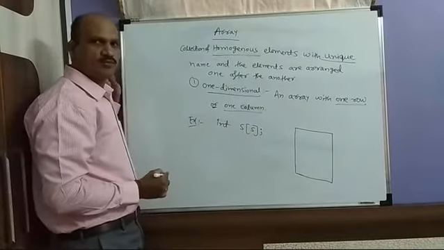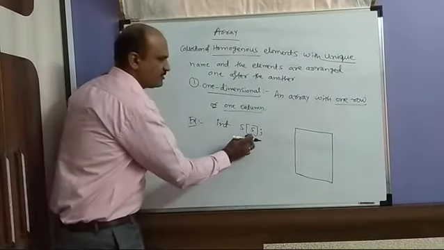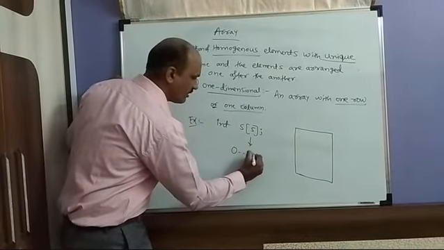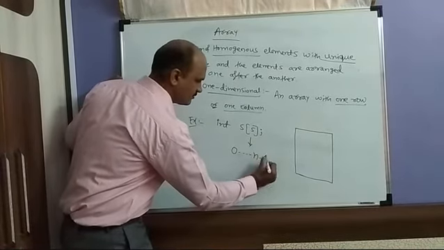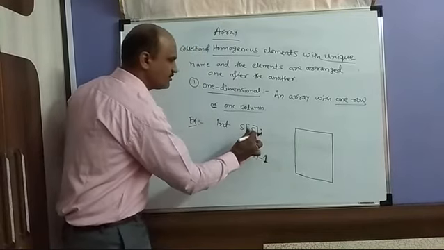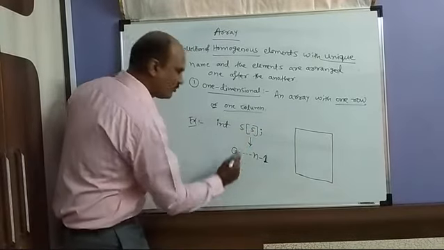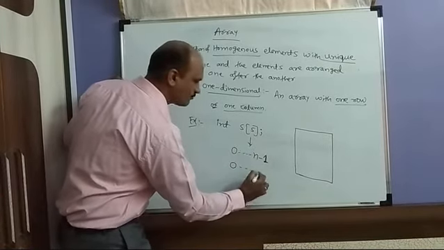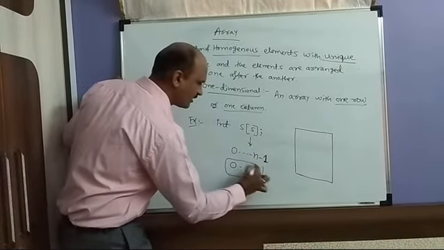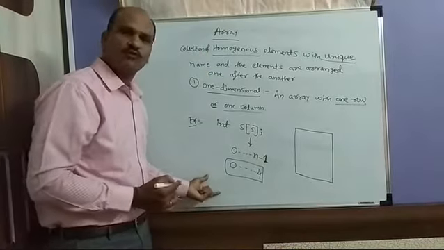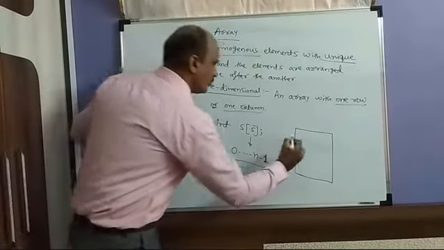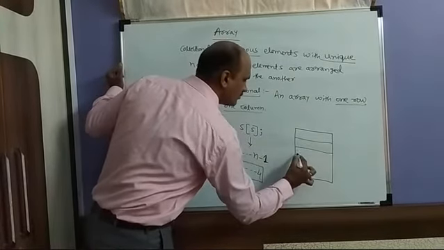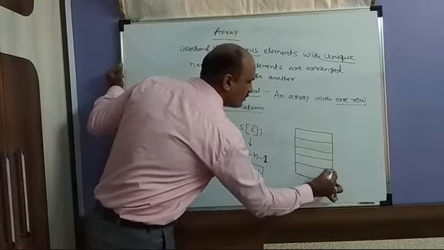Another important thing to remember: whatever the size is, the indexing goes from 0 to n minus 1. Here the size is 5, so it starts with 0, and n minus 1 is 5 minus 1, which is 4. So 0 to n minus 1 becomes 0 to 4, total number 5. So 0, 1, 2, 3, 4.